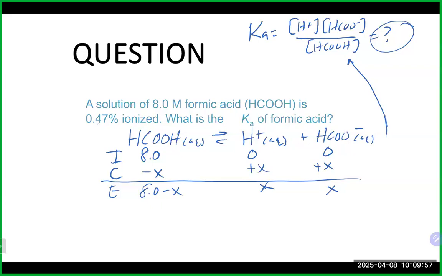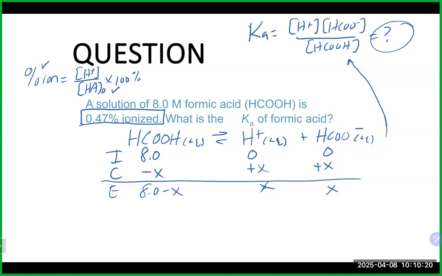So we want to think about the other piece of information that was given to us, which is that this acid is 0.4% ionized. We take our percent ionization formula, which is the H plus concentration divided by the initial concentration of the acid times 100%. We know that it is 0.4% ionized.